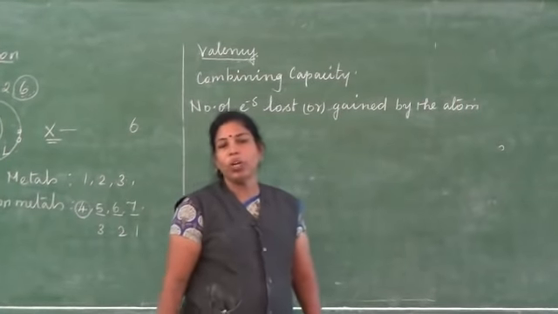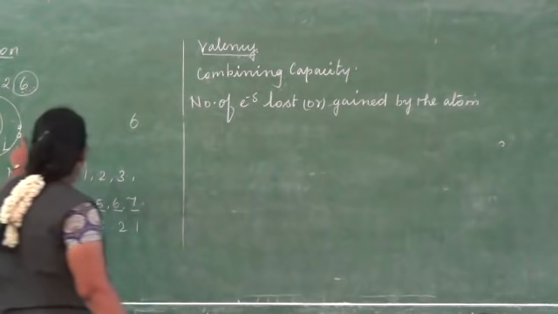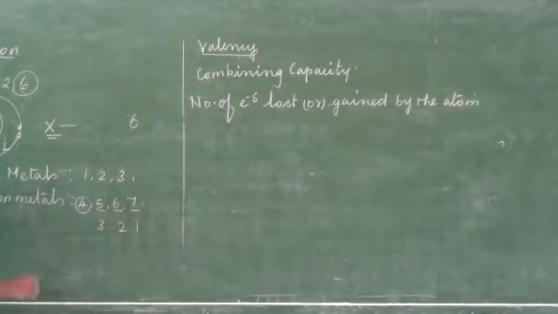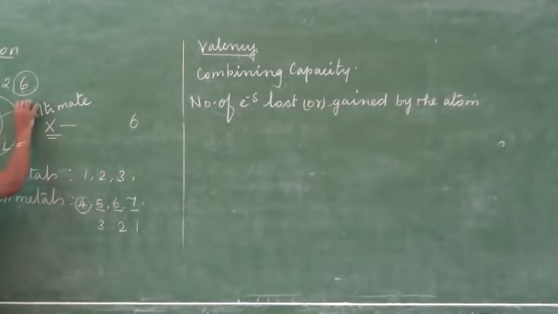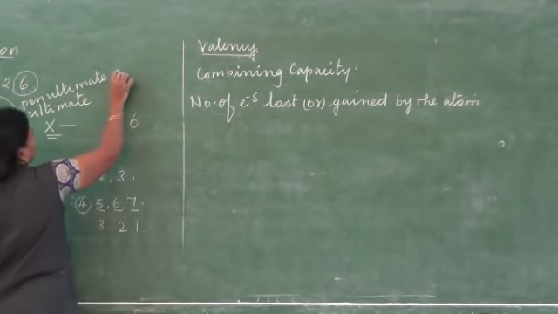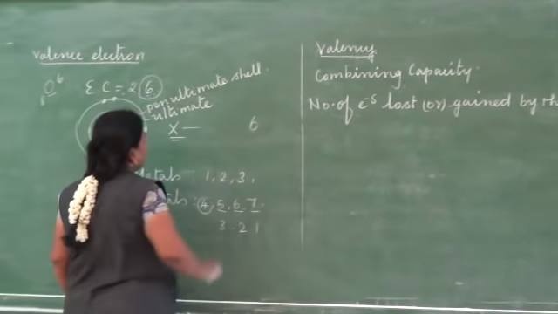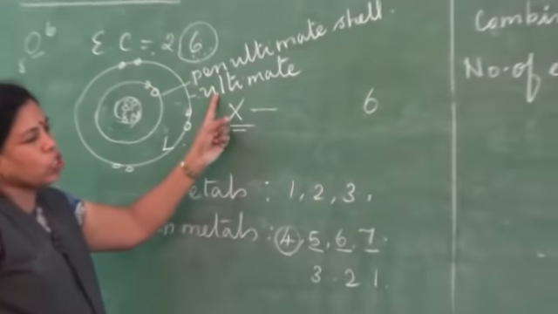What is the reason for variable valency? The outermost shell is also called the ultimate shell, and the shell before the ultimate shell is called the penultimate shell. Usually the electrons gained or lost are from the outermost shell.